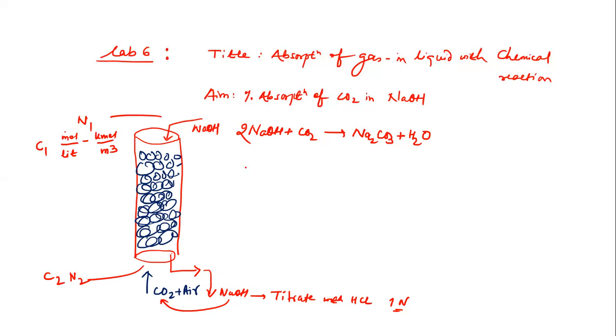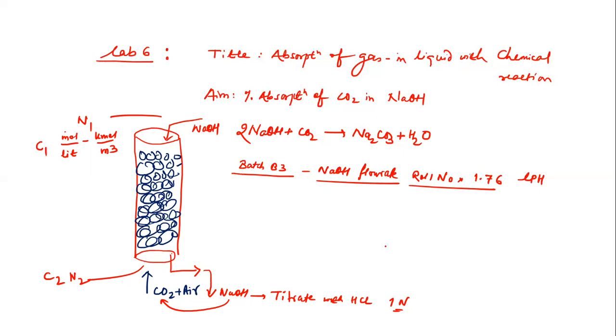Yes. For batch 3, B1, B2, I have given the values. For batch 3, NaOH flow rate is your roll number into 1.76 liter per hour. That's the flow rate.